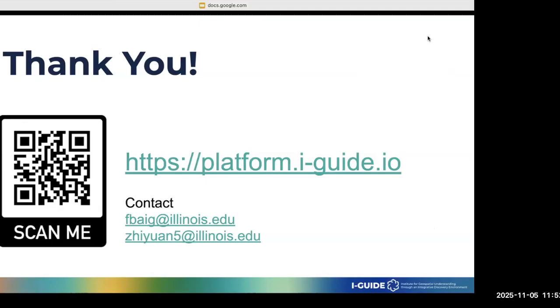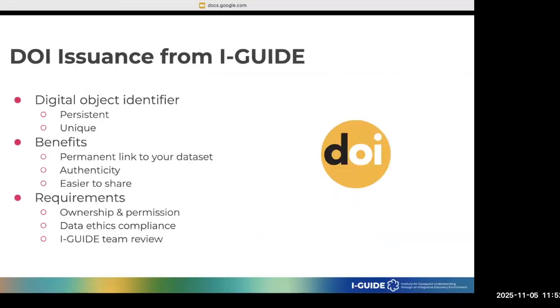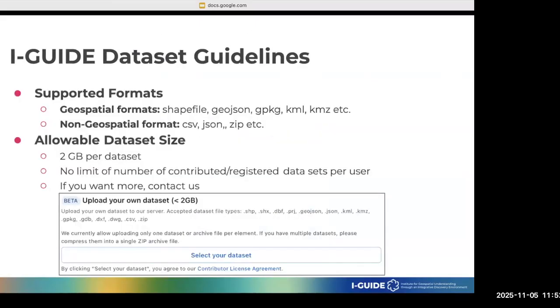Looks like I came to this talk a bit late. Maybe you have already answered that question. I'm not very familiar with this platform, but for the data sets hosted on the iGuide platform, I wonder, in terms of the data set type, are there many publicly available data sets, or do the majority of the data sets come from individual contributors?